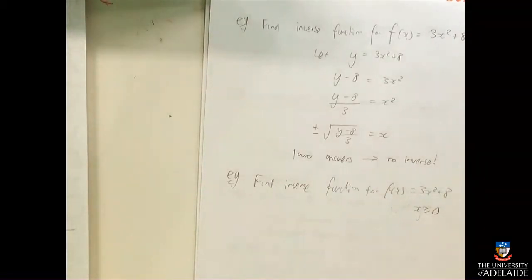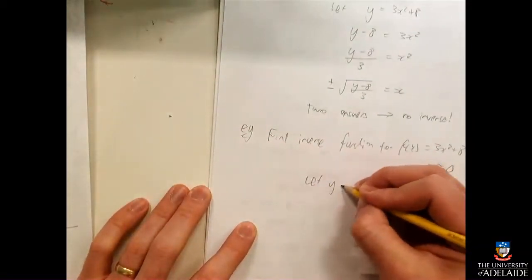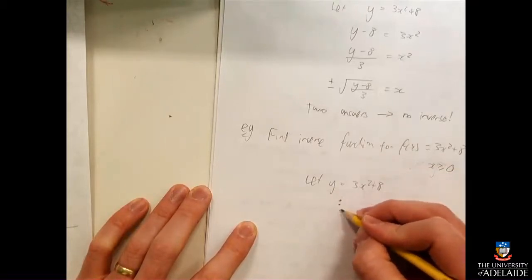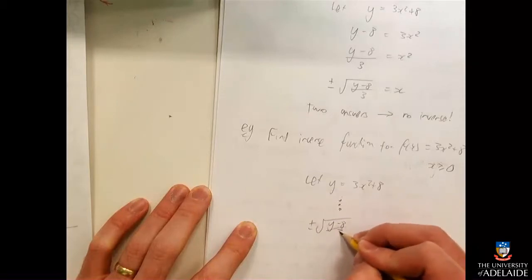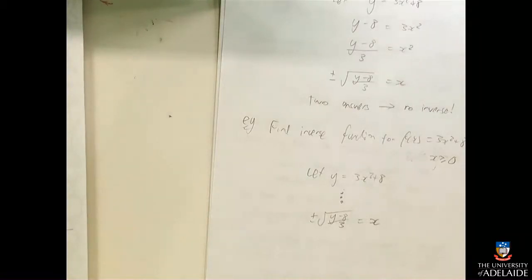And so you have this. And so you'll get exactly the same working. Let y equals 3x squared plus 8, and so on. And I'll get that thing there, which is great.